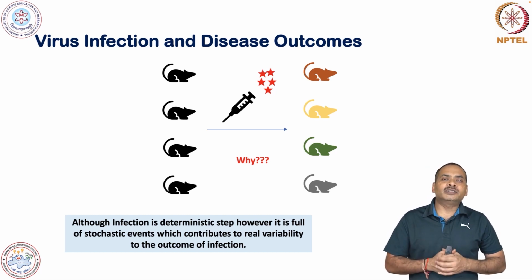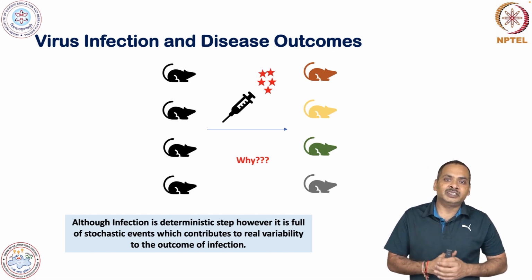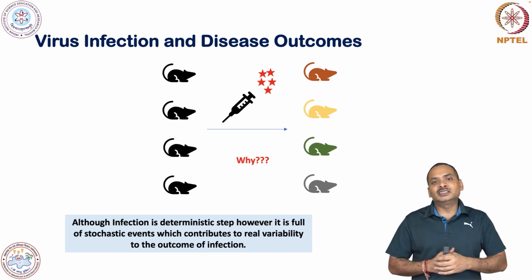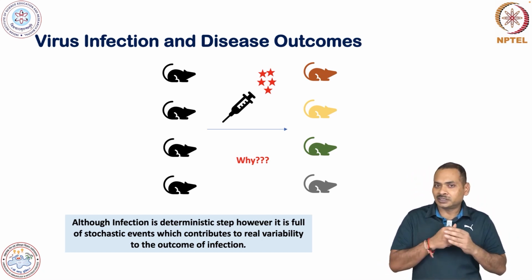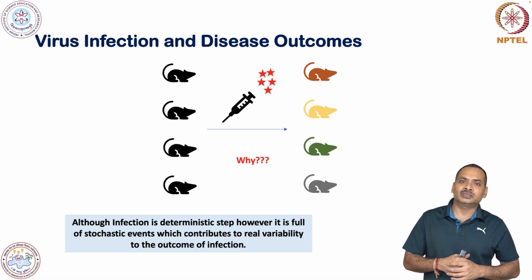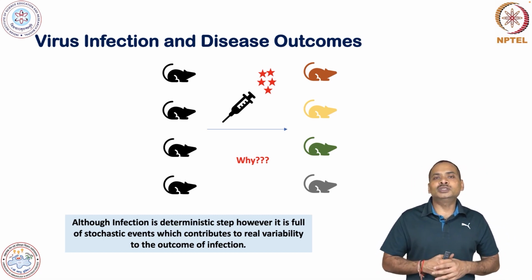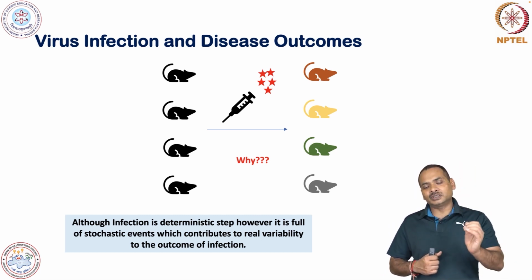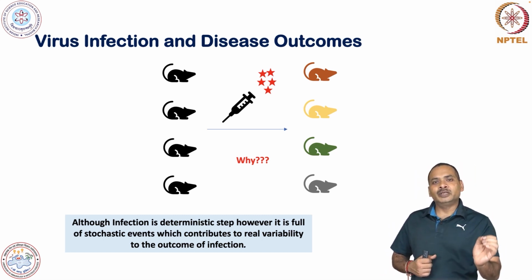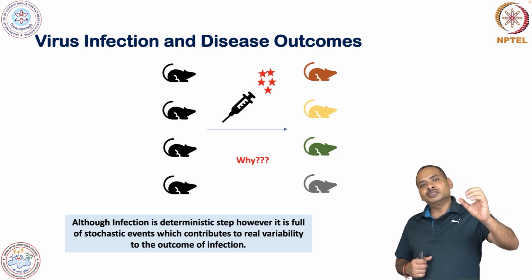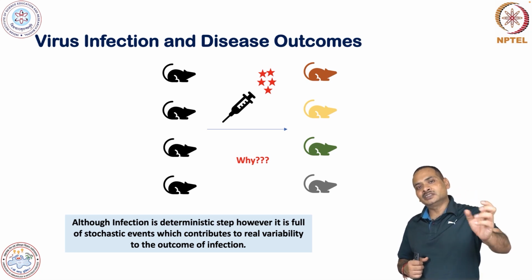Stochastic event means it's a random event. When you introduce the virus in these animals in the same way, absolutely the same protocol, everything, it is still a very random process. When you inject the virus, in some cases it will severely hamper the viral replication in some cell.